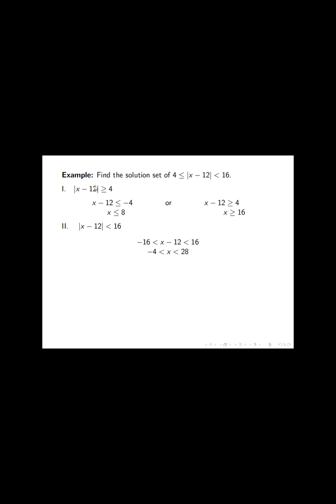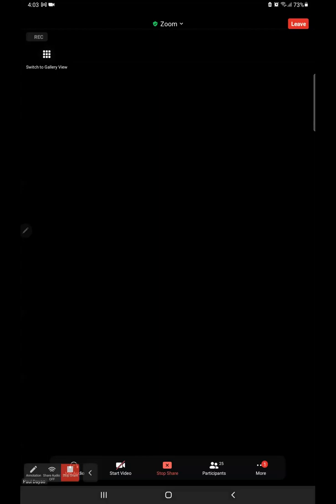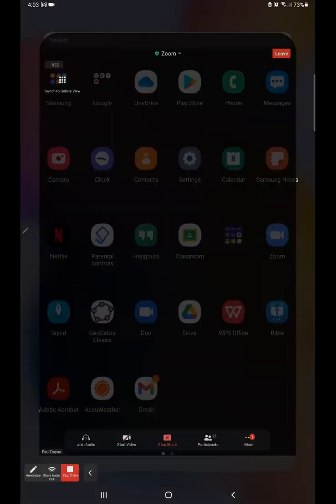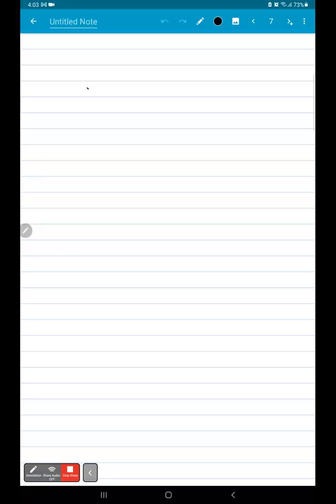Mag-union ba ako dahil pagsamahin ko na lang? Ganun ba yun? Why do you have to reverse the inequality? Pero why did we reverse? So, halimbawa, 2 is less than absolute value of x.